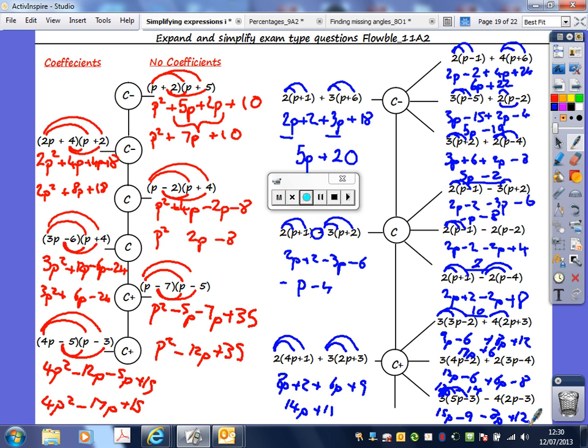Right? So 15p take away 8p is 7p. And then we've got negative 9 plus 12. So we're going the other way, negative 9 plus 12, 3. Positive 3. Add 3.